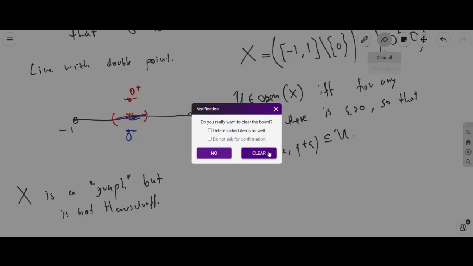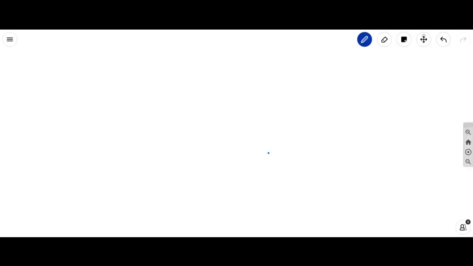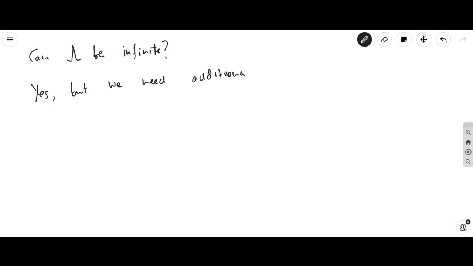The other thing I wanted to talk about is, can lambda be infinite? Can you allow an infinite indexing set? And the answer is yes, but we need additional conditions.